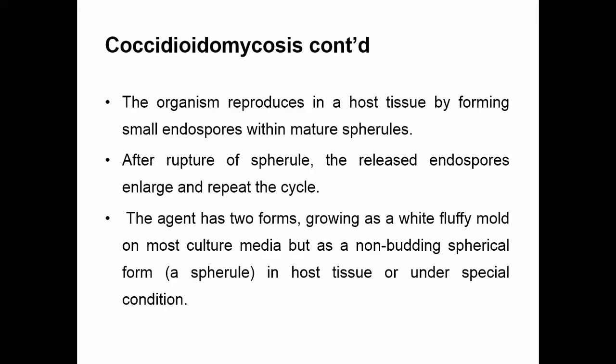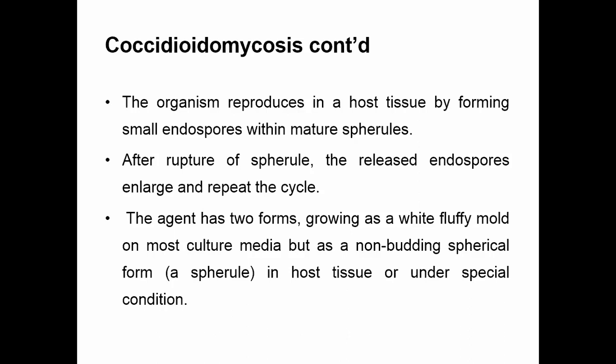The blackness indicates maturation in fungal cultures, as the spores have gained pigmentation. Similarly, as we talk about endospores, the mature spherules are found, and these mature spherules are the main causative agent for the infection.